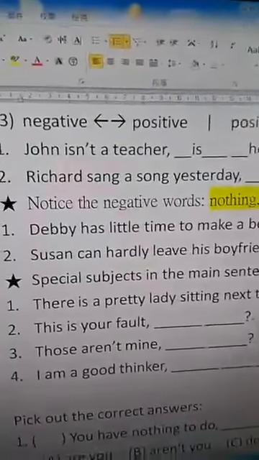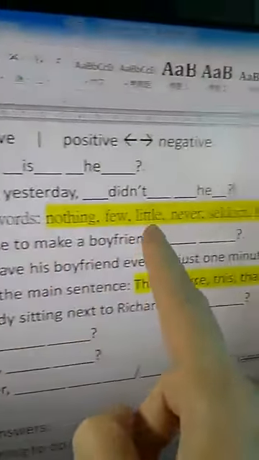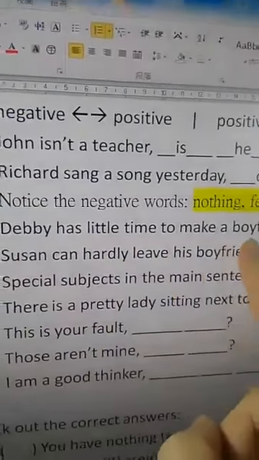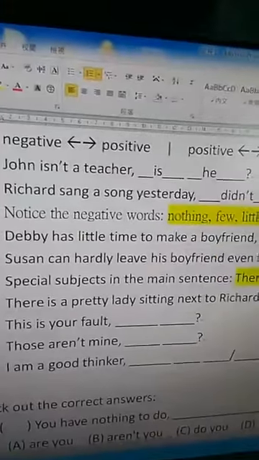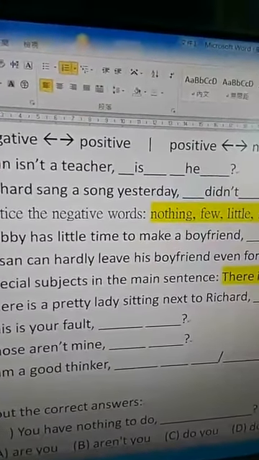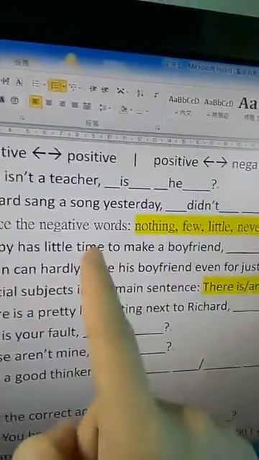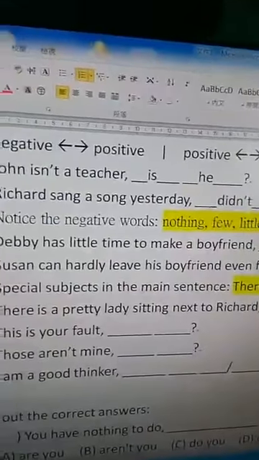So remember that if you see these negative words in the main sentence, remember to change your tag question to positive. Okay, that's our rule, right? Negative, positive, positive, negative. That's our rule.